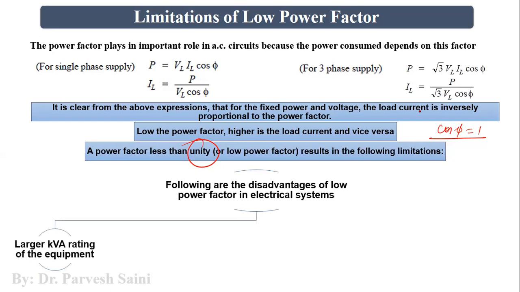The first disadvantage is that the kVA rating of the equipment will increase, that is, a larger kVA rating. That means the source will have more kVA rating.